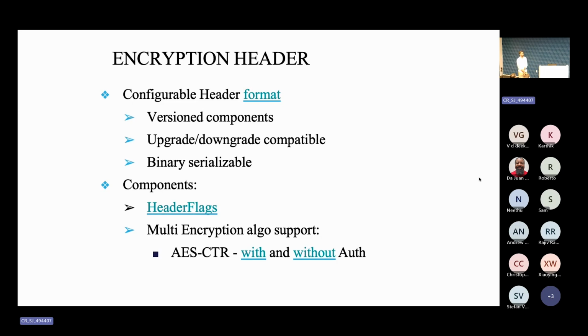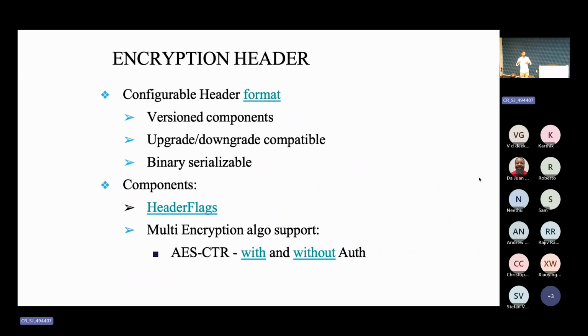Another mode that is not upstream, but that we are experimenting with, is AES GCM. I did not go into the specifics of AES CTR. Probably people who are interested should look at what CTR is, but that is one of the accepted industry standard algorithms for encryption. Another one is AES GCM, and what GCM allows is it generates an authentication tag as a part of encryption itself.